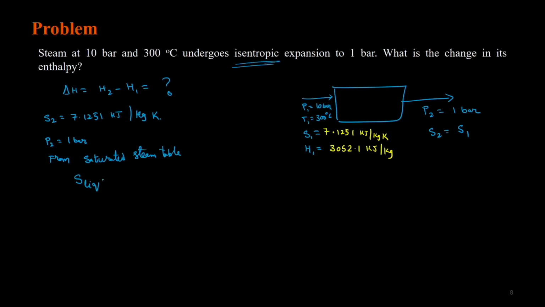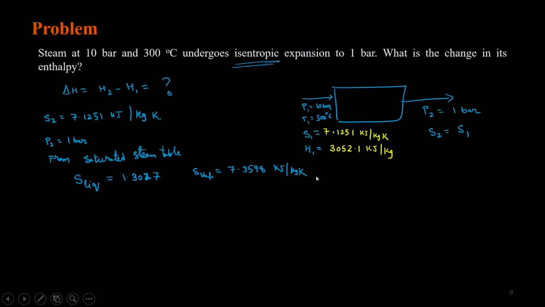For the liquid, it is 1.3027. Obviously, this value S2 is much higher than that of the liquid, so it cannot be only liquid. And for the vapor, it is 7.3598 kilojoule per kg Kelvin.